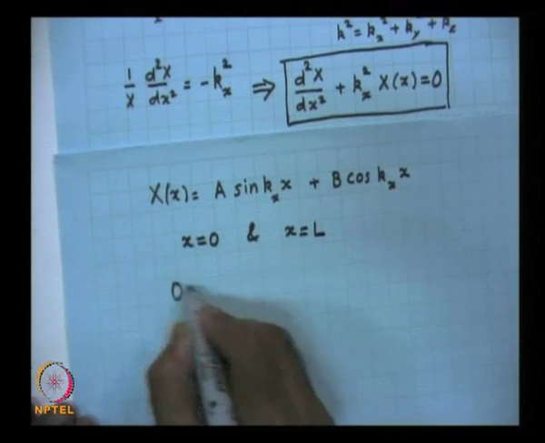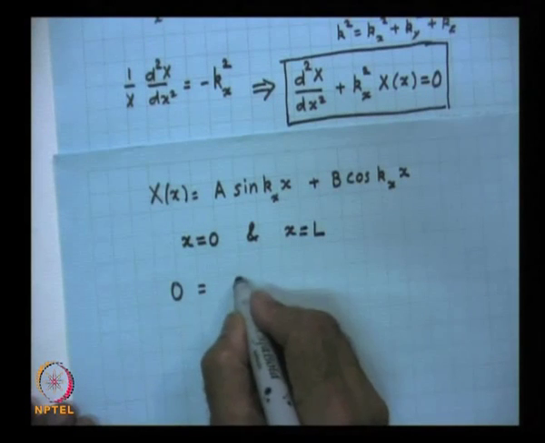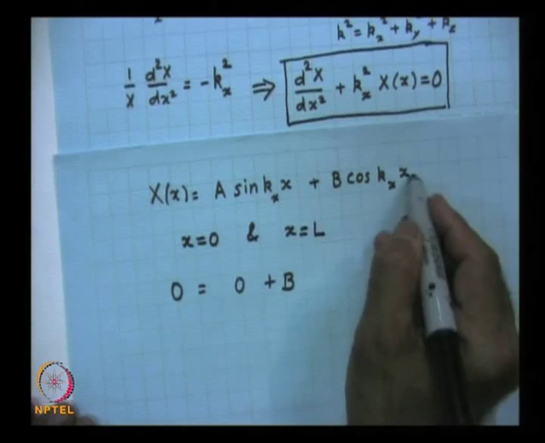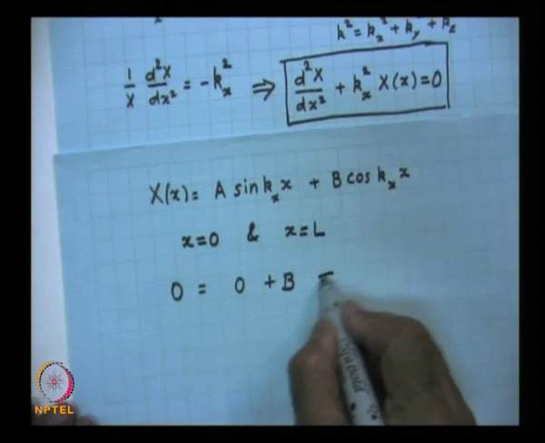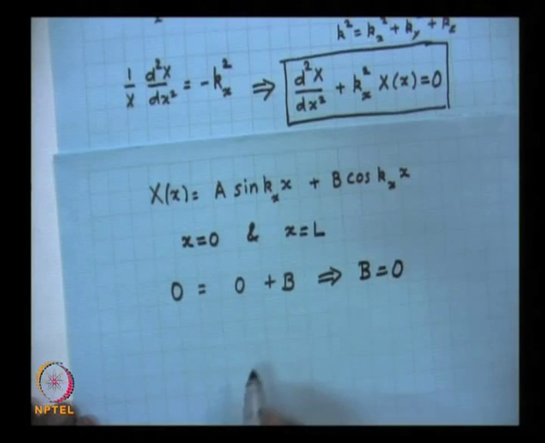So, 0 must be equal to, this is 0 plus B at x is equal to 0. So, this will give me B equal to 0. So, this term goes out.